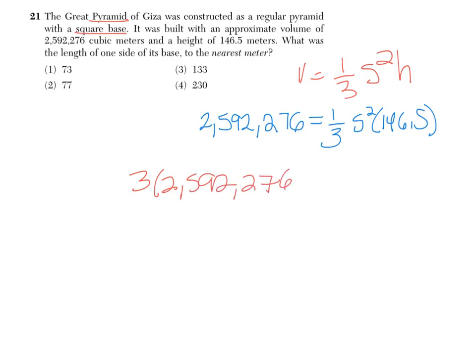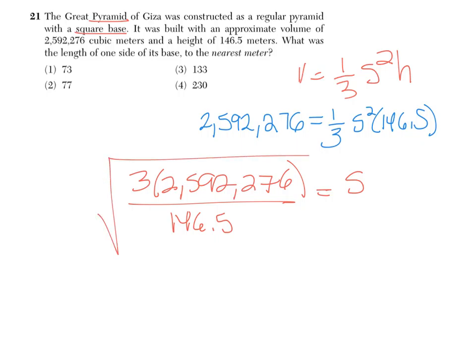So since 3 is being divided on one side, I'm going to multiply that out, and I'm also going to divide out 146.5 because that's being multiplied, and that's equal to side squared. So in order to reverse the process of squaring a number, I'm going to take the square root. So the side to the nearest meter is equal to 230. So that's the length of one side.